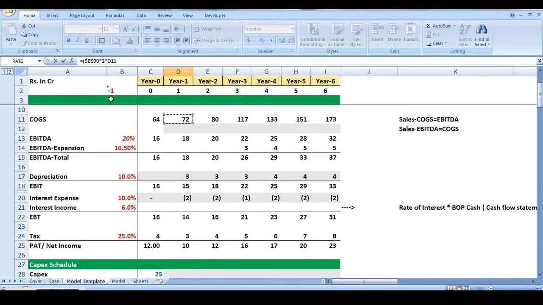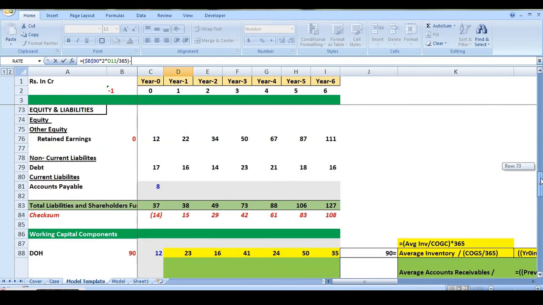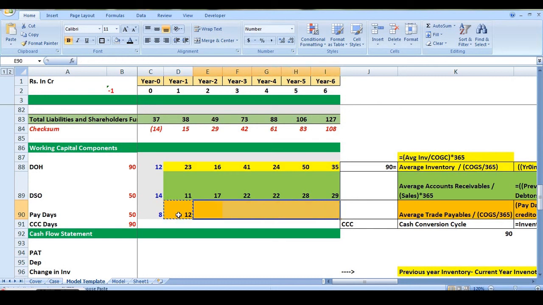So we take that value, we divide it by 365, which is the number of days in the year, and from this we deduct simply the previous year's creditors or payables. Previous year's payables are available to us in the working capital statement. So we deduct it and we get the creditors value for year 1, which we can simply drag and get the values for the rest of the periods.